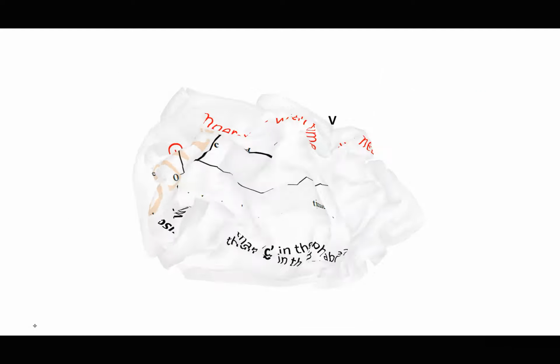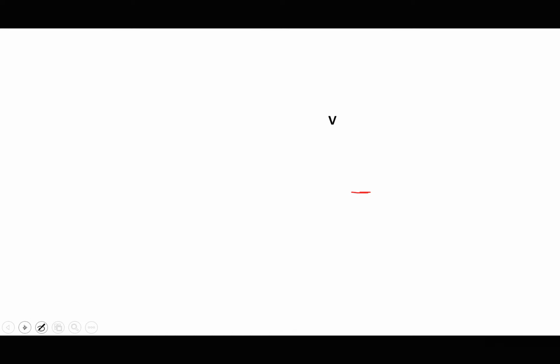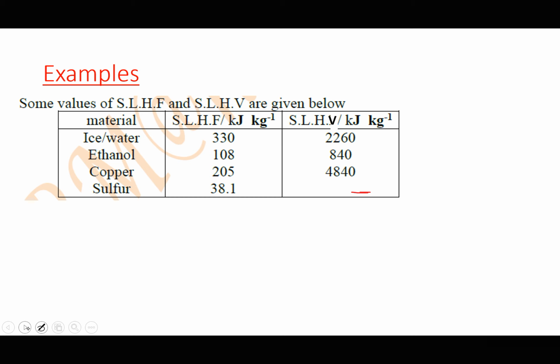Okay, example number 1. Some of these values of the specific latent heat of fusion and the specific latent heat of vaporization may be useful in some of the examples.